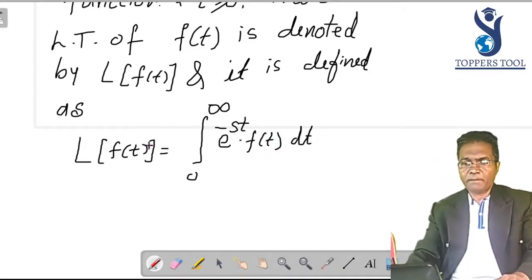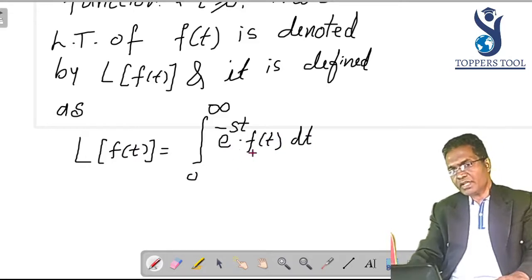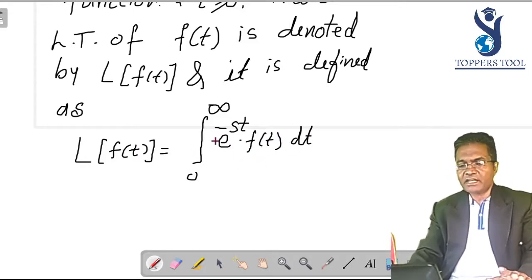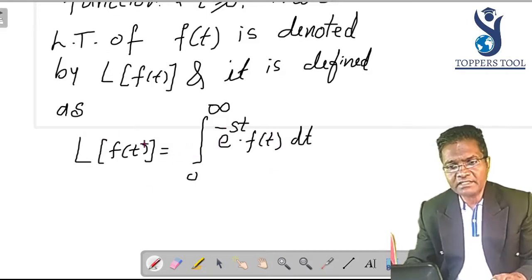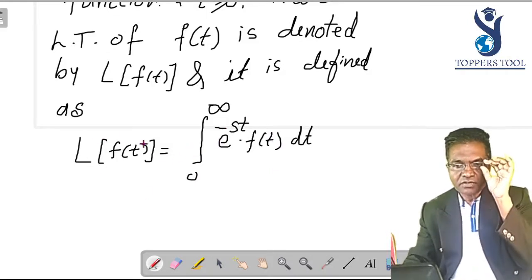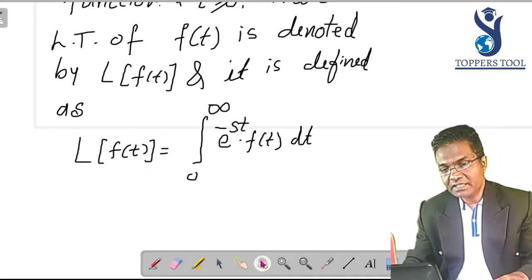When you apply this integral to f of t, it gets transformed into a function of s. So basically Laplace transform transforms a function of t into a function of s.